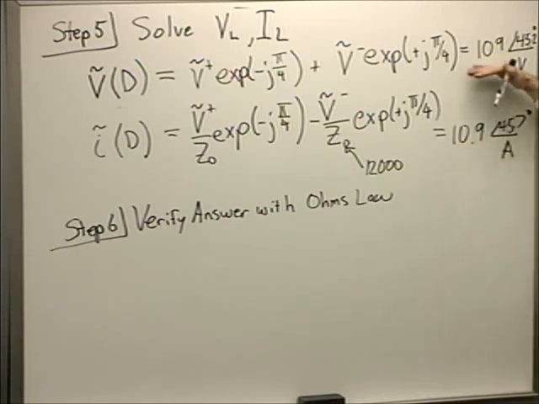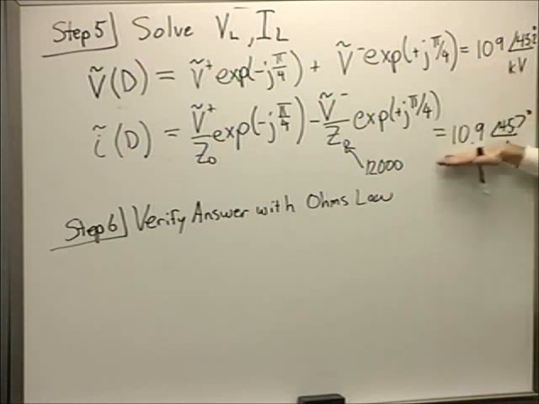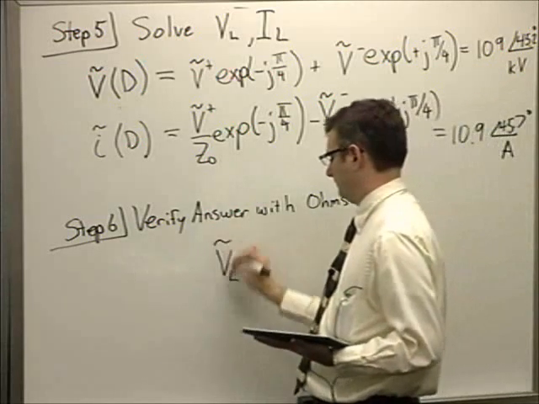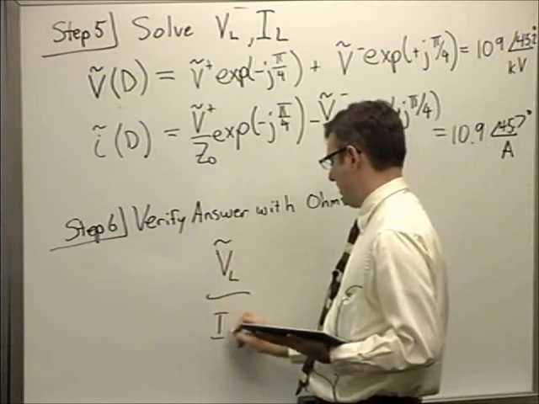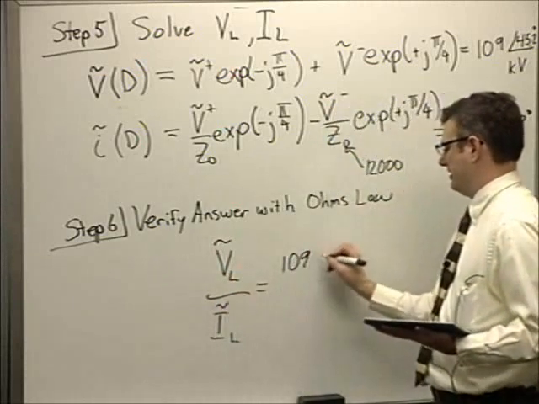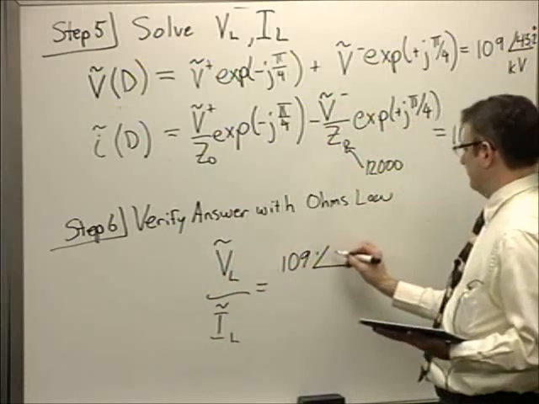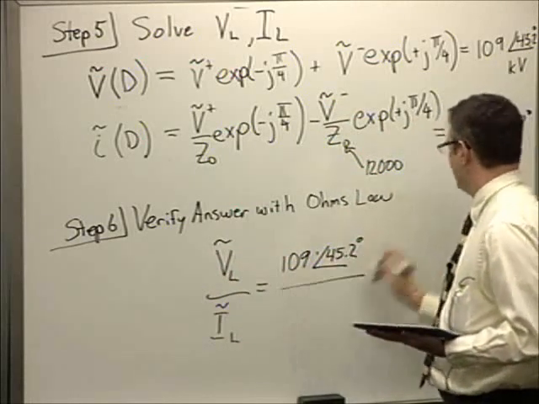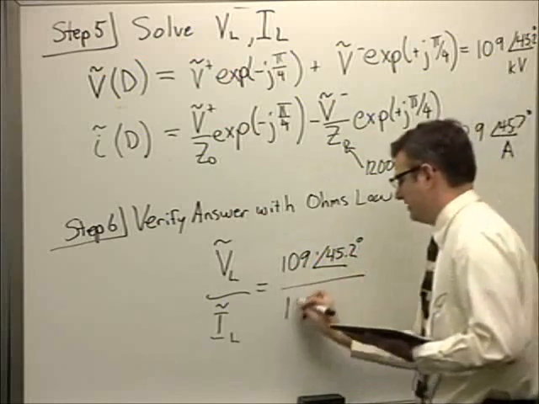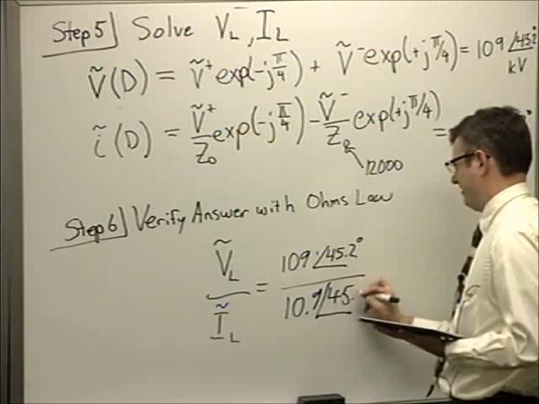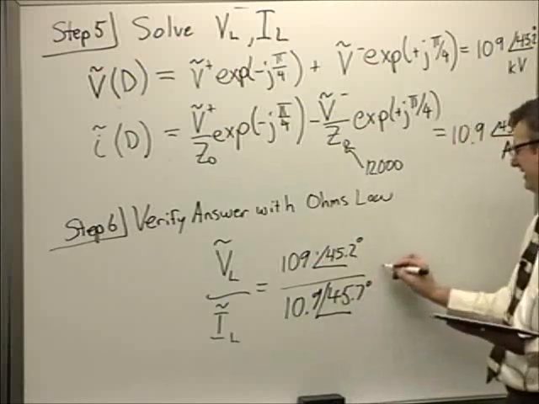If we divide 109 kilovolts by 10.9 kiloamps, complex voltage divided by complex current, it's going to be equal to 109 at an angle of 45.2 degrees. We said this when we worked through the calculation was 10.9 at an angle of 45.7 degrees.